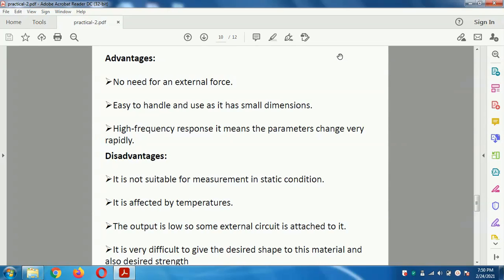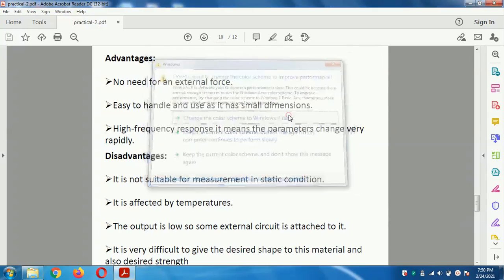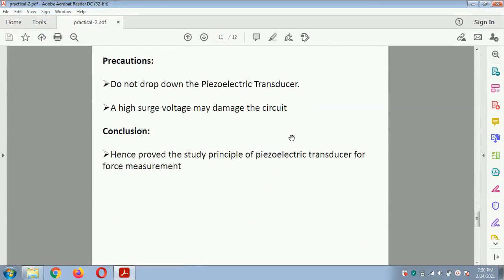Its disadvantages are that it is not suitable for some static conditions, it is affected by temperature, the output requires an external circuit to be attached, and it is very difficult to give the desired shape to this material.